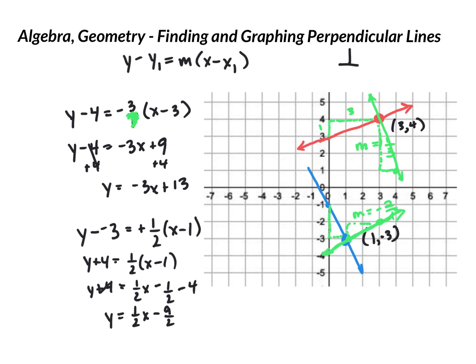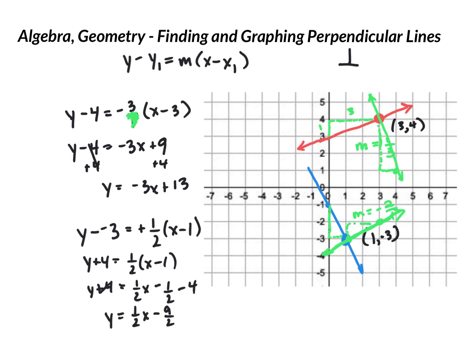So again, the reason for this really comes down to a translation. There are other ways to think about it, having to do with what's called a dot product, or thinking about the way that the two slopes have to multiply together to prove they're perpendicular. But for now, you can just think about it like it's a translation and memorize that the way we create a perpendicular line is to reverse the sign. If it was positive, we make it negative.